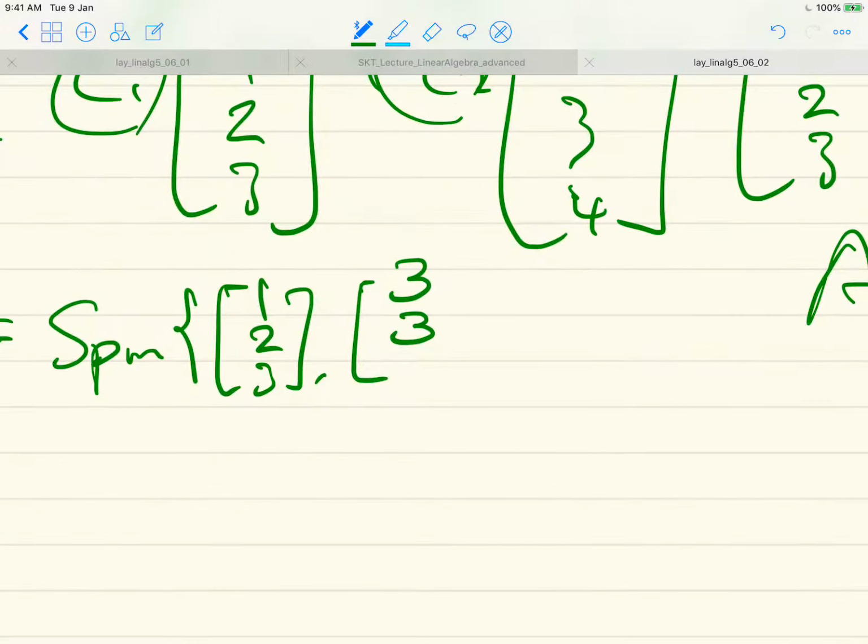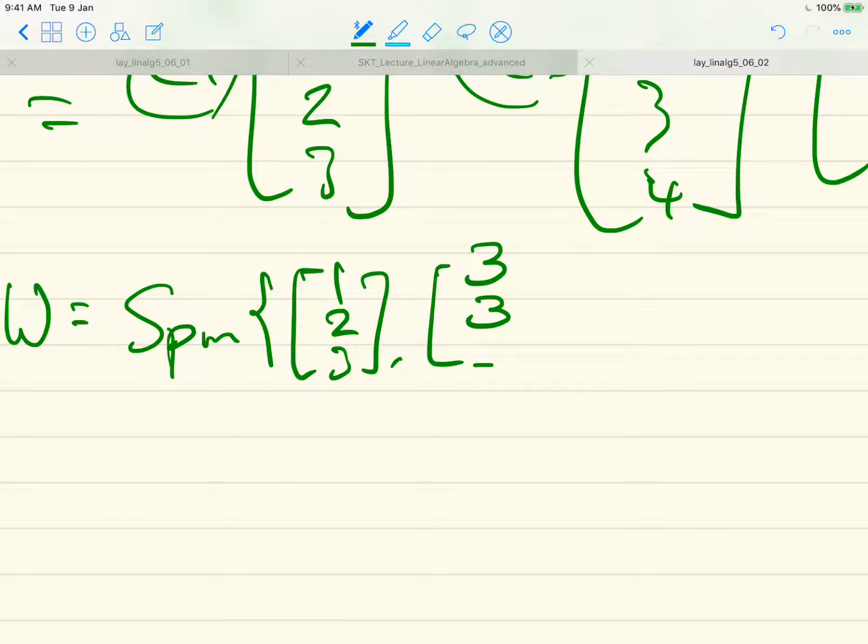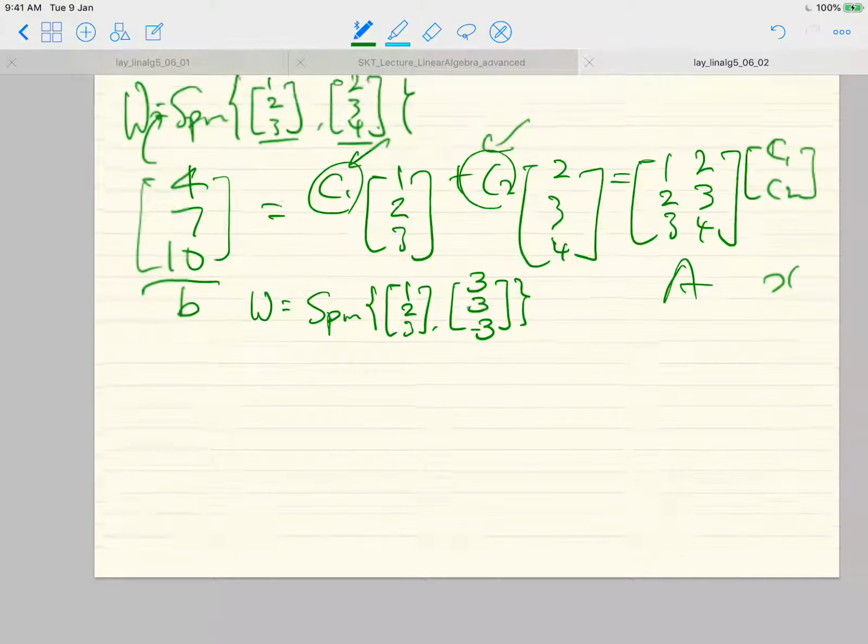I just manipulated the second vector to be orthogonal to the first one, so that we can obtain the orthogonal basis vectors.